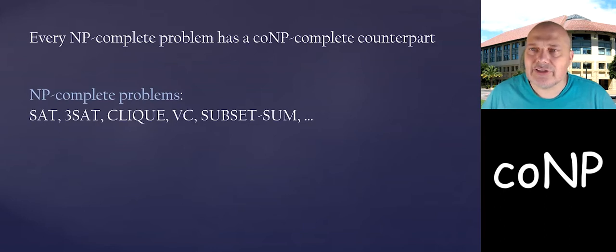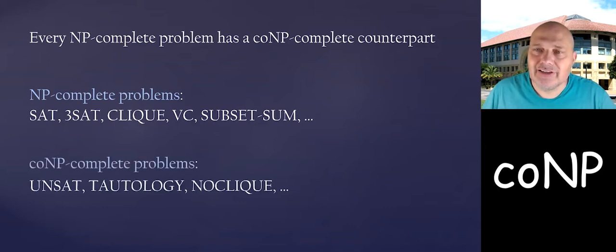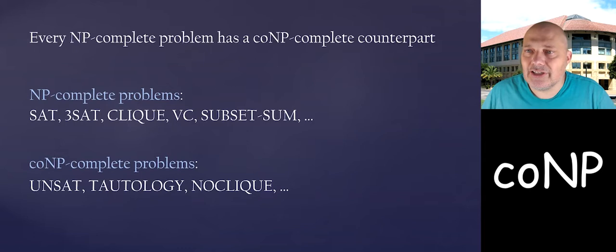That's just for the reason we discussed before, because the reduction from every A to this NP complete problem is just a reduction from not A to the coNP complete problem. So NP complete problems are SAT, 3-SAT, clique, vertex cover, subset sum, and the coNP problems that are equivalent are ANSAT, tautology, non-clique, so there is no clique of some size, etc., etc.